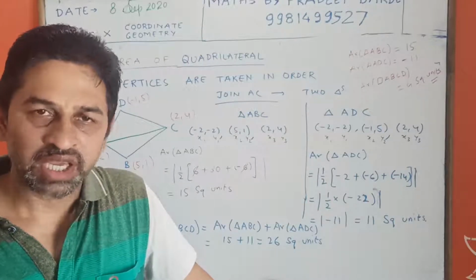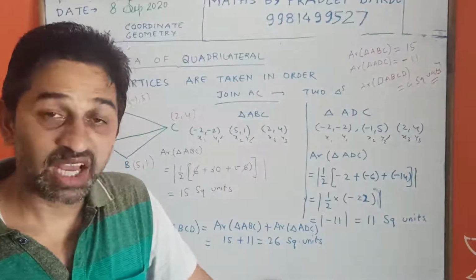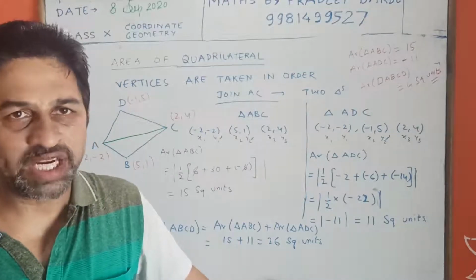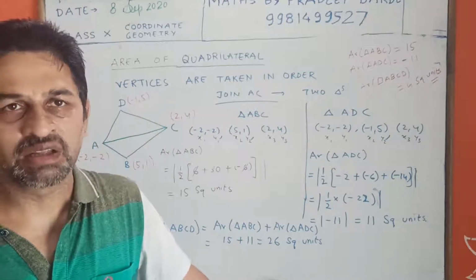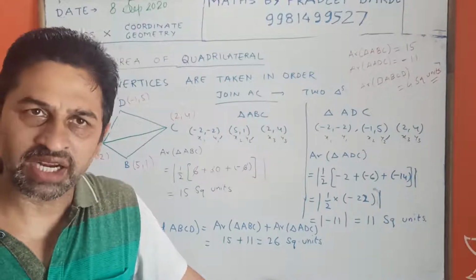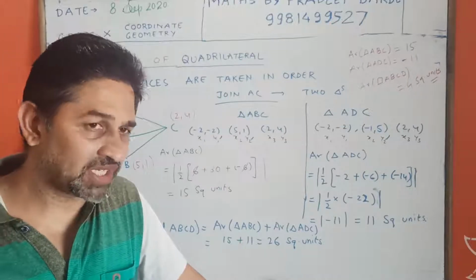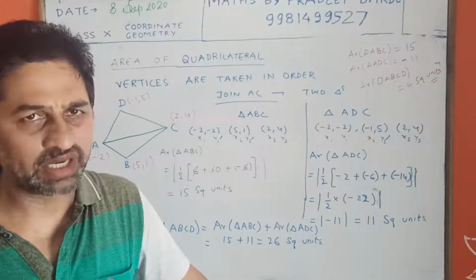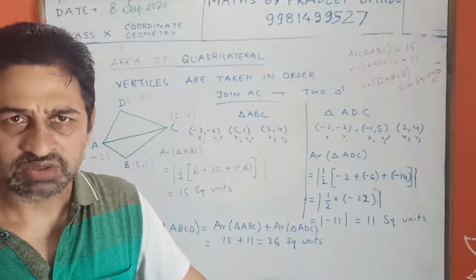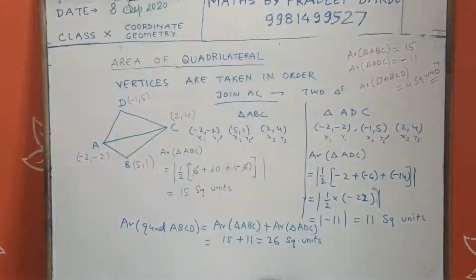Also area of triangle, this is equal to half absolute value of half x1 y2 minus y3 in the bracket plus x2 into y3 minus y1 in the bracket plus x3 into y1 minus y2 in the bracket, and absolute value sign closed, right?